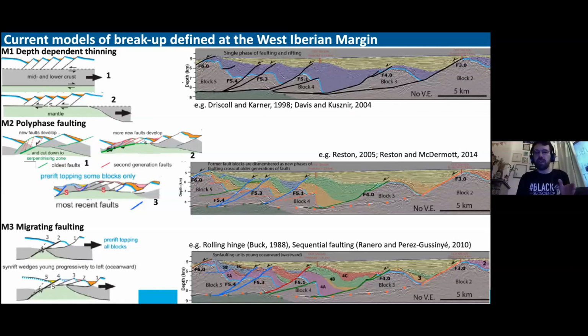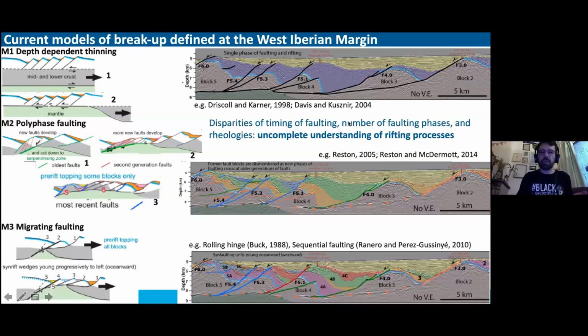And those models, as you can see with those interpretations, show disparities in terms of timing of faulting, in terms of number of faulting phases and rheologies, and disparities that we can actually interpret on these lines. So, for example, the first model has one phase of faulting and all the sediments are the same age.